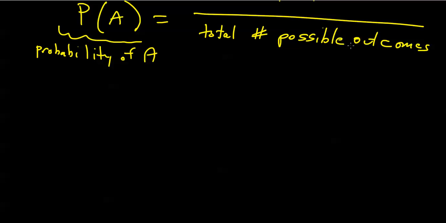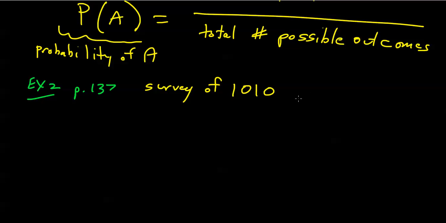I want to look at example 2 on page 137. They refer to smokers. Let's say they take a survey of 1,010 adults, and that reveals 202 of those 1,010 people are smokers.